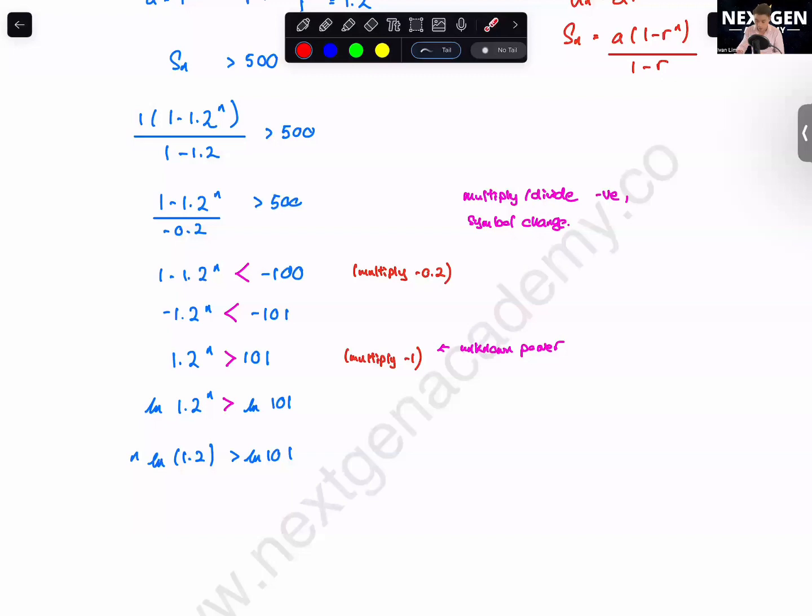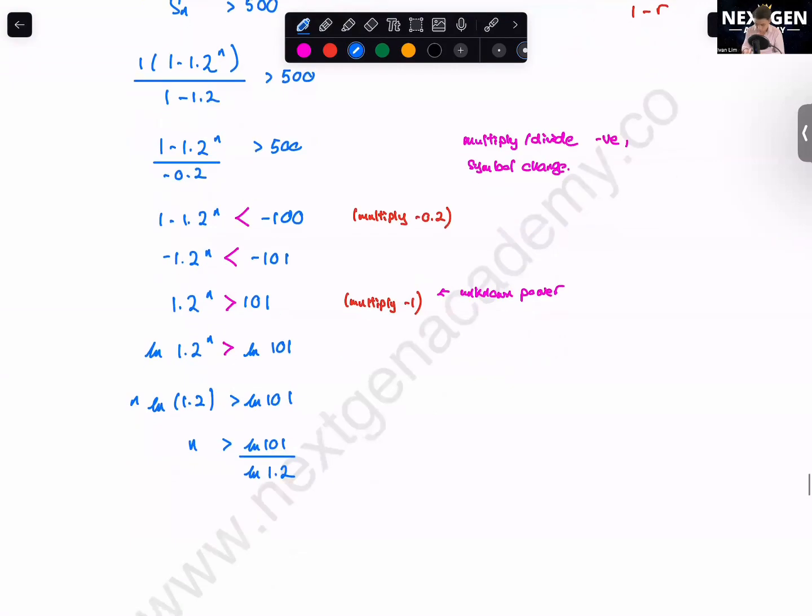If negative, if the value here is negative and you bring it, divide over here, the symbol needs to change again also. Got it? Okay, so this one, n is more than ln 101 over ln 1.2. Type in the calculator, 101 divided by ln 1.2. Okay, you get 25.3, where your n is equals to 26.